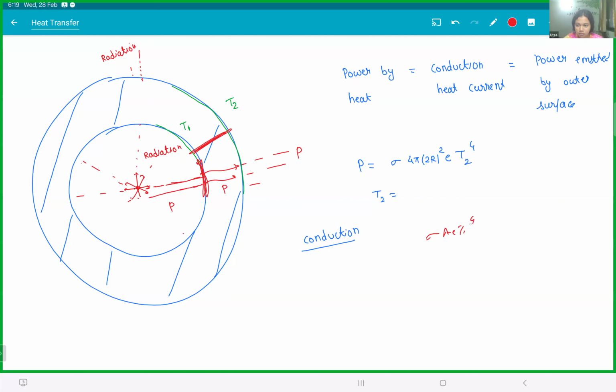No, there is a solid conductor here. Where are the photons here? Okay, photons are coming and falling on T1. They're getting absorbed and that heat is going through conduction, no? Oh, makes sense. Yes. Outside there is vacuum, empty space, so you will send photons.